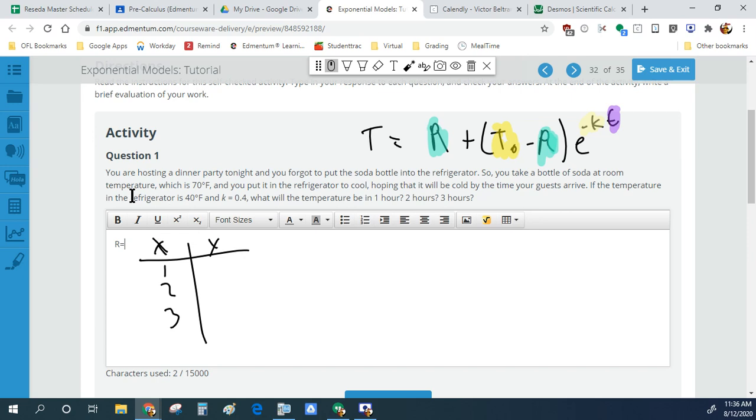So in this case, we're going to use 40 as our R. Our T naught, I'm not going to go into the equation editor, but just pretend that's T naught, is equal to 70. So our initial temperature is 70, and our K is 0.4. So K equals 0.4. And now we can create our formula.